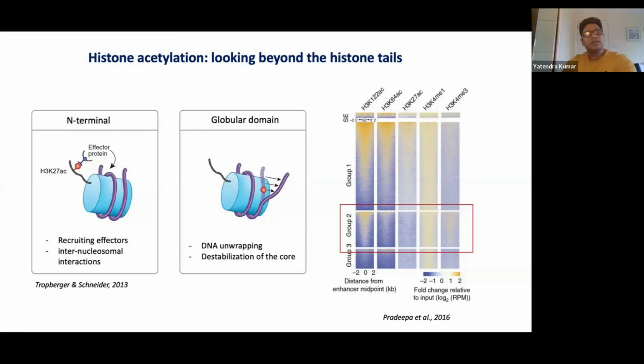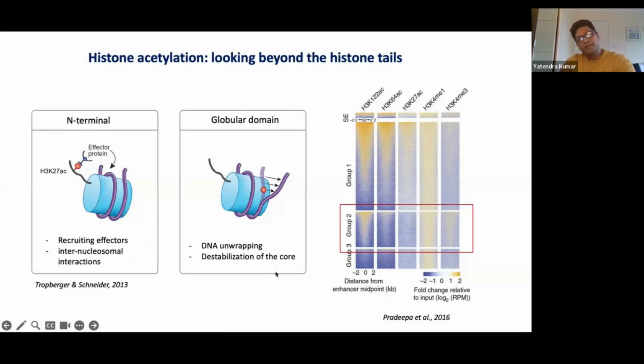So the tail domain modifications can create these docking sites for other effector proteins to bind and affect their remodeling activity, for example, on the chromatin. Apart from this, the tail domain modifications can affect internucleosomal interactions, and thus they contribute to the transcriptional state or the regulation that goes on via epigenetic mechanisms.